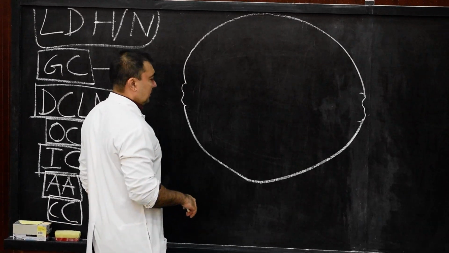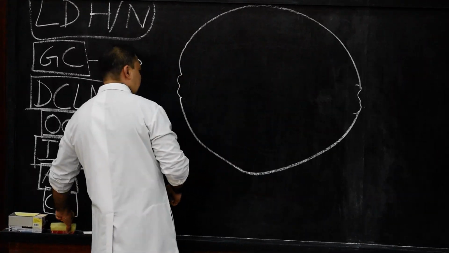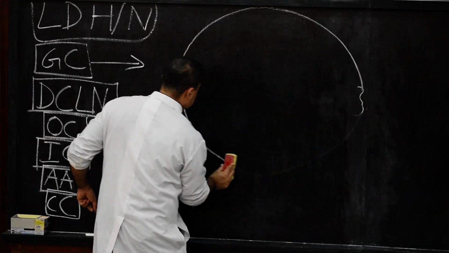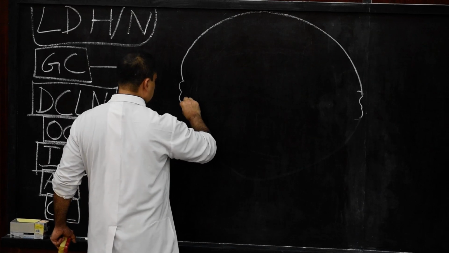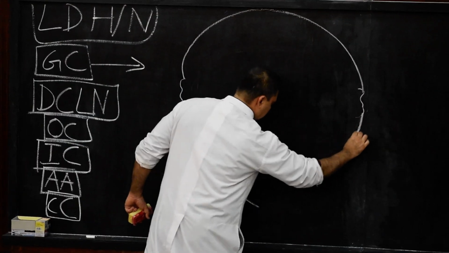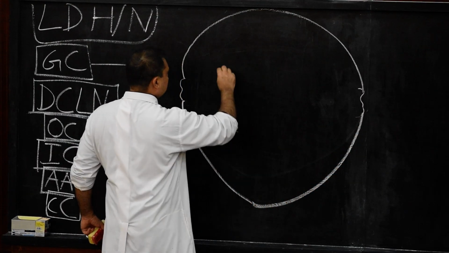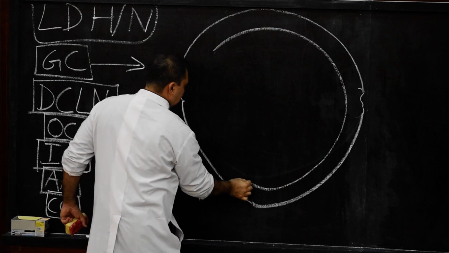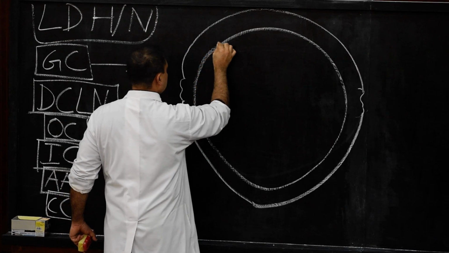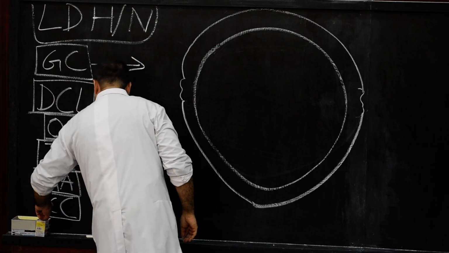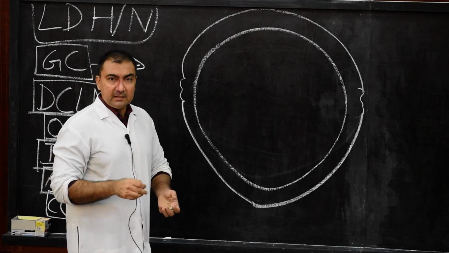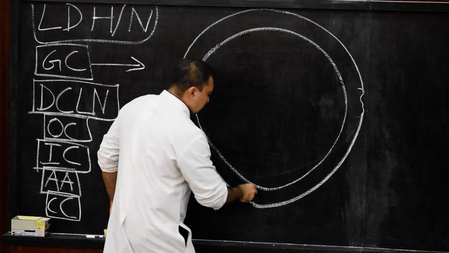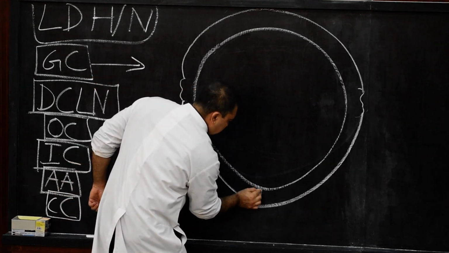Since we have drawn this cross section, I would like to extend this anteriorly so we can draw the different rings also. Here I am extending. Now if I want to show the ring, this will be the external ring.